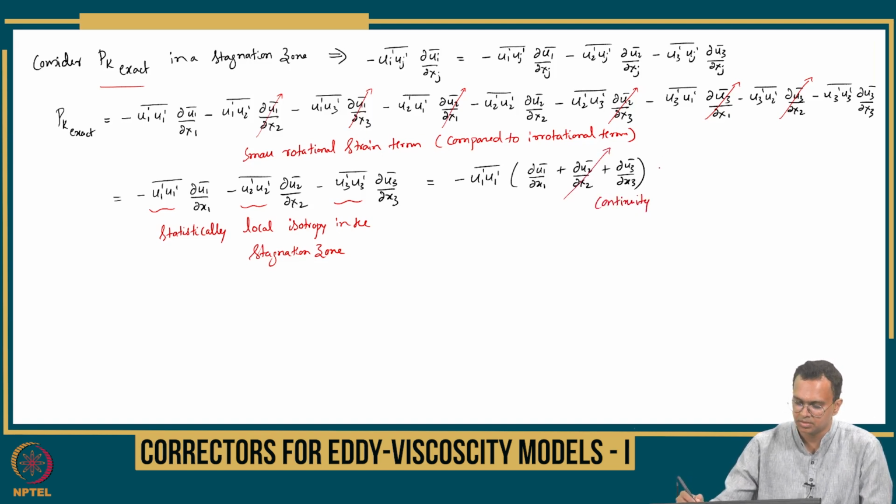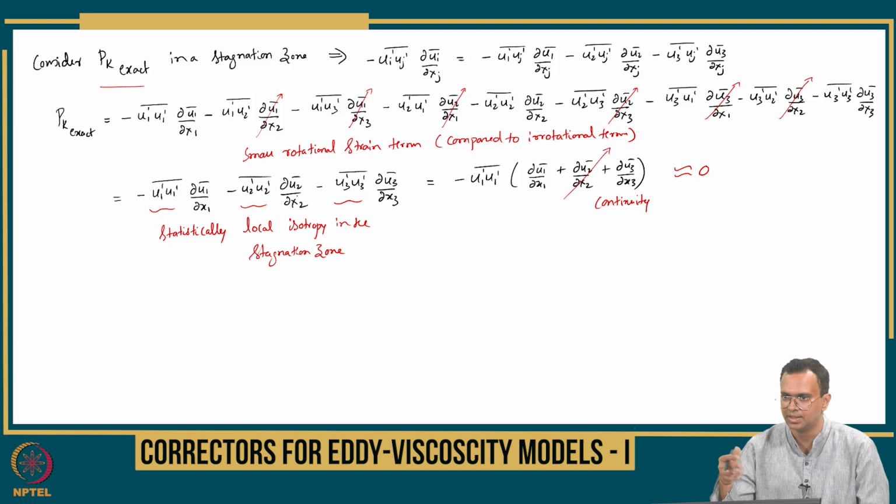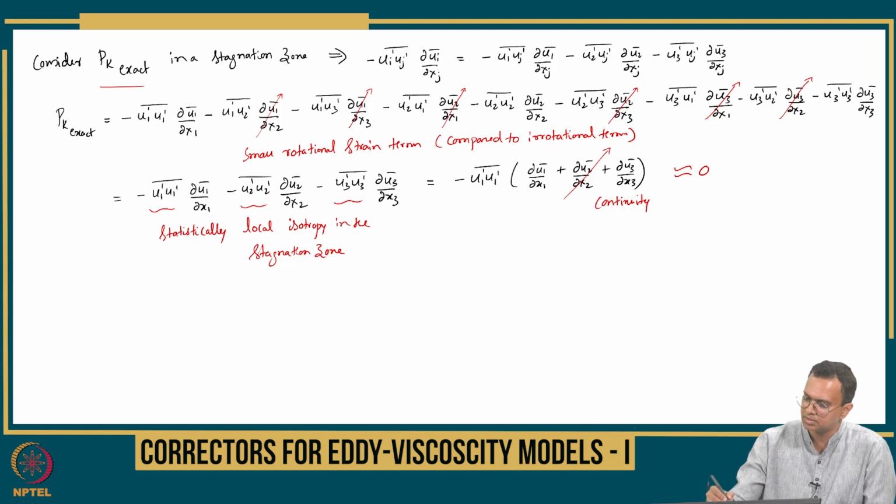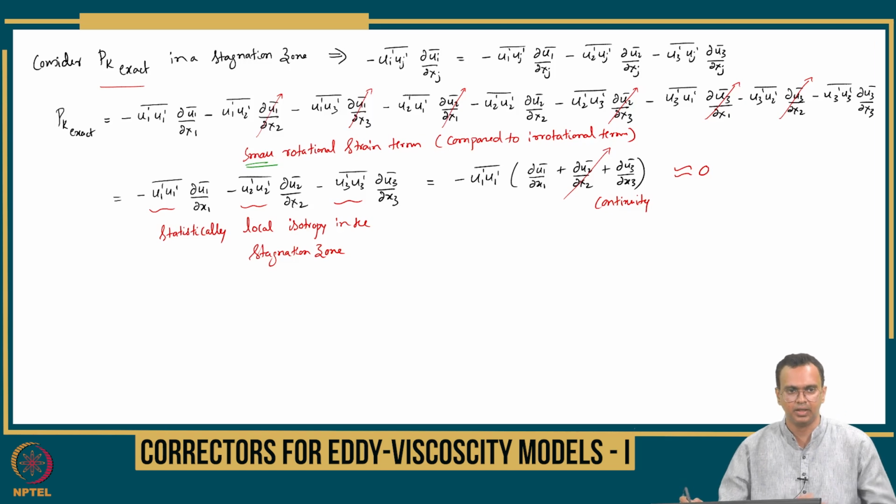So that means the pk exact has to be not exactly 0, I would say approximately 0, because this is small. The rotational strain terms are small, and this is only a local zone that we are looking at. It is exactly not 0, they are just small. So it is approximately 0, so the production rate has to be 0, means less turbulence has to be there in stagnation zones.